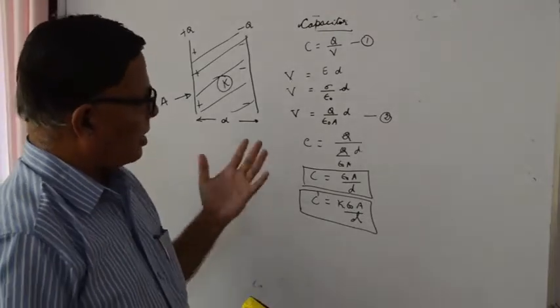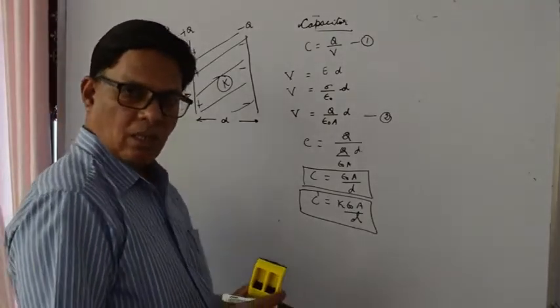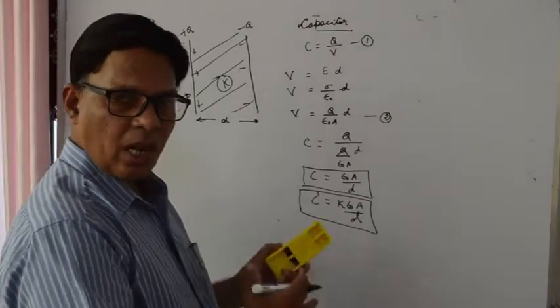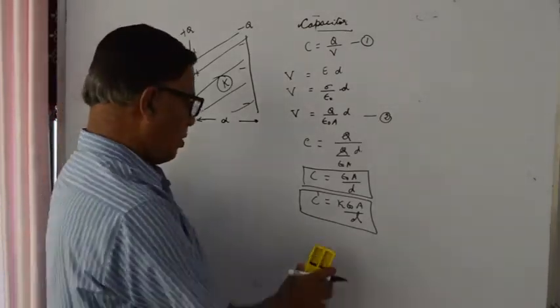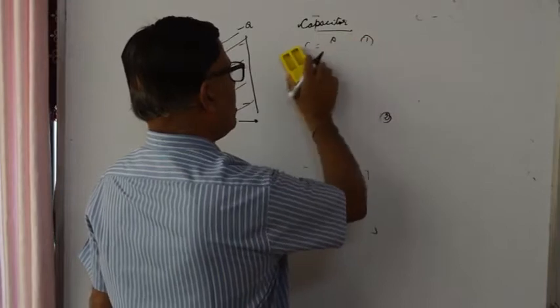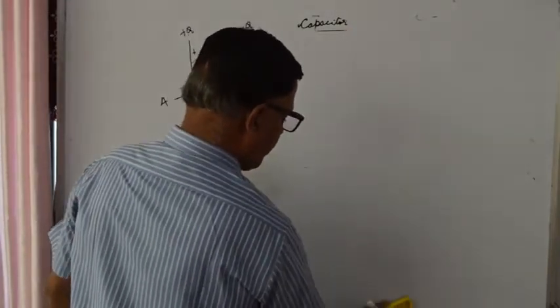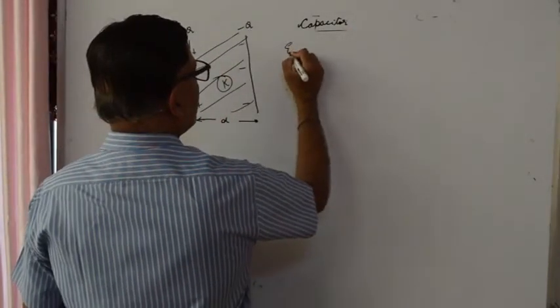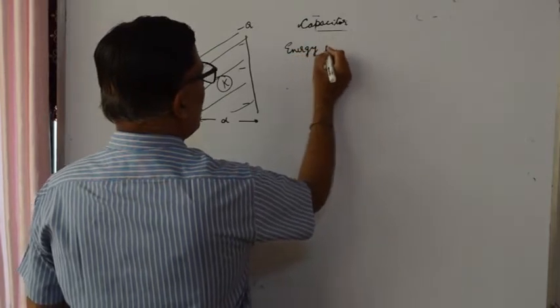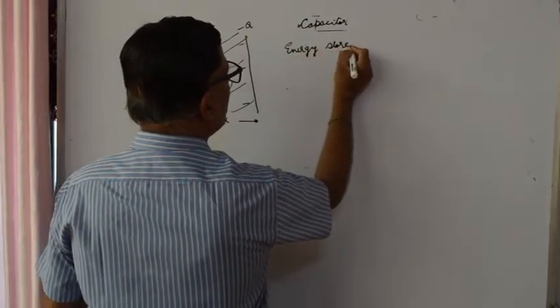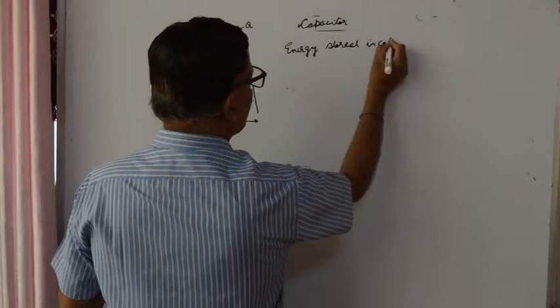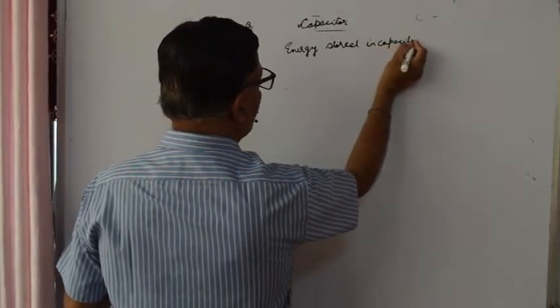Let's see the energy stored in the capacitor. Capacitor is basically a device which stores the electrical energy. Okay, so energy is stored in a capacitor. It stores the electrical energy.